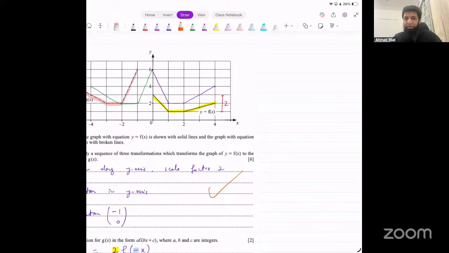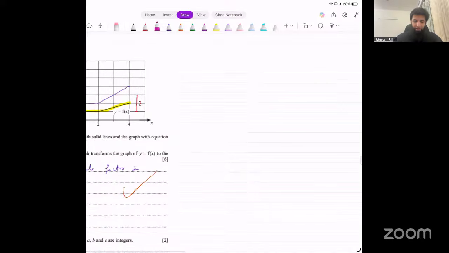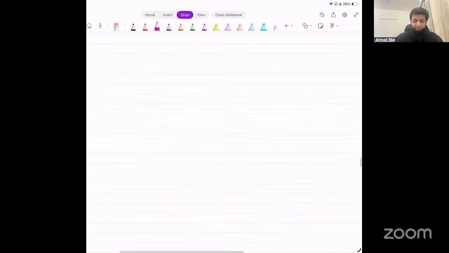Okay. Now, is it right to work in columns? Is it allowed to work in columns? The examiner does recommend that you don't do that.